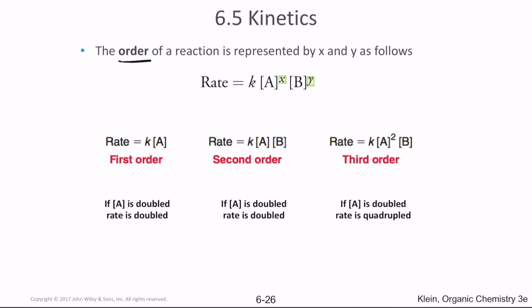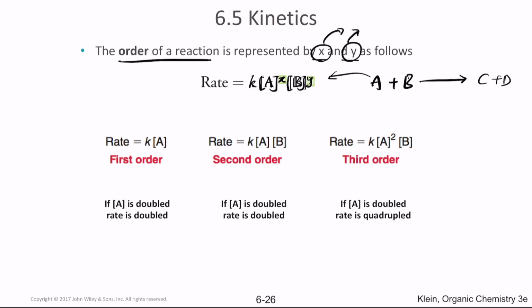The order of a reaction is represented by x and y, and the rate is given by k times the concentration of A to the power x and the concentration of B to the power y. Where we have A plus B reacting to form C plus D, this is the rate law that we use. Depending on the values of x and y, we call this the reaction order.